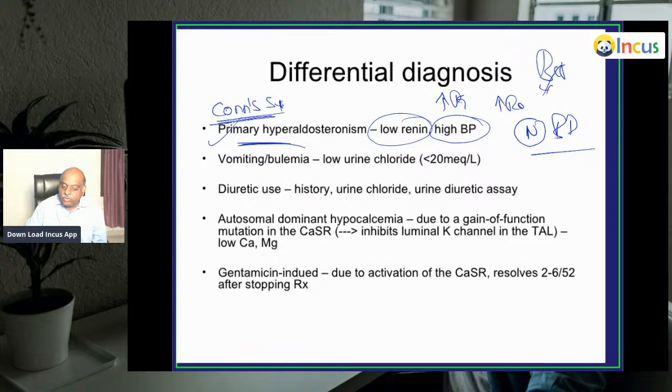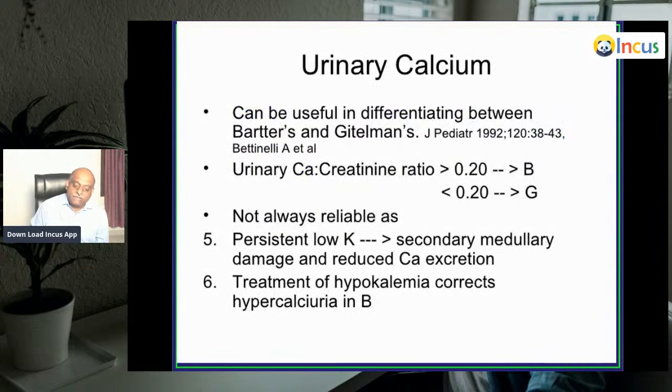Then vomiting and bulimia, they will show a low urine chloride. So they are the fundamental differences.